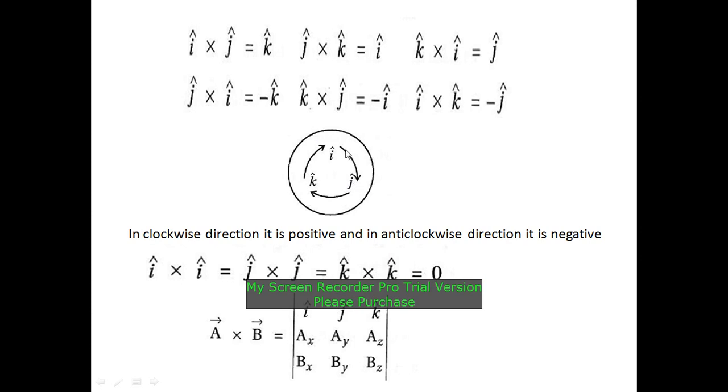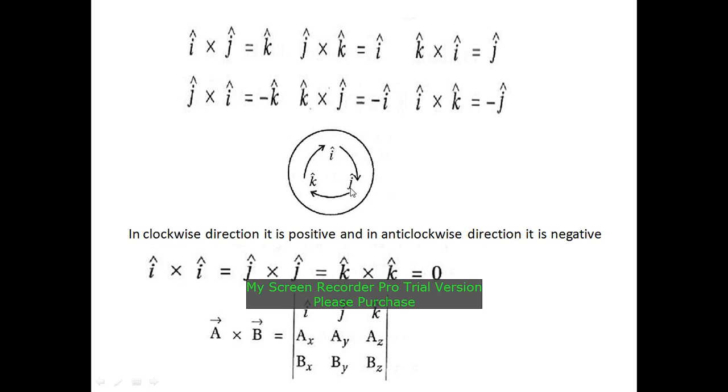In clockwise direction it is positive, and in anti-clockwise direction it is negative. Means j cross i, i cross k, and k cross j are negative. But i cross j is positive, j cross k is positive, and k cross i is positive. The direction of the resultant vector is always perpendicular to this plane.